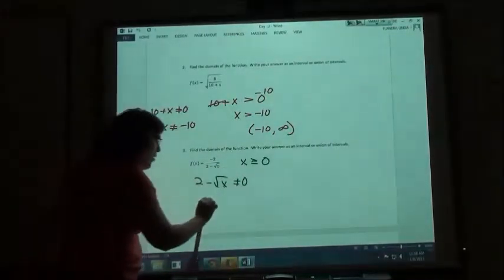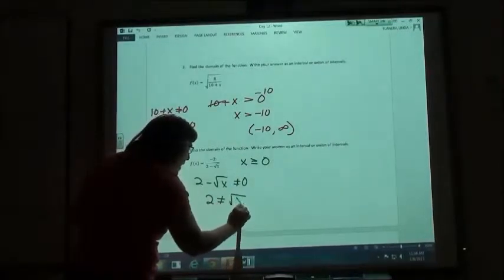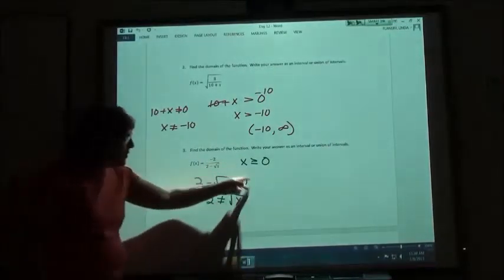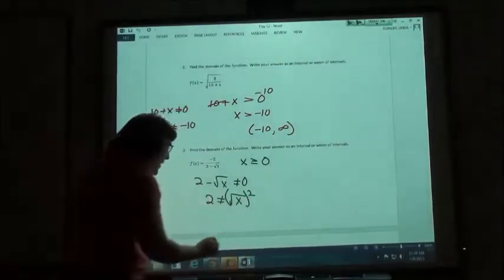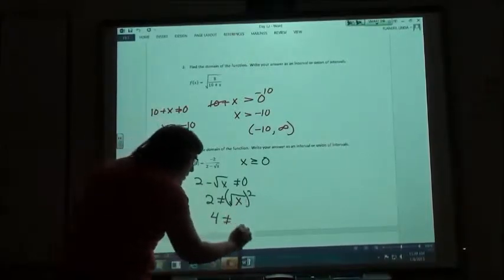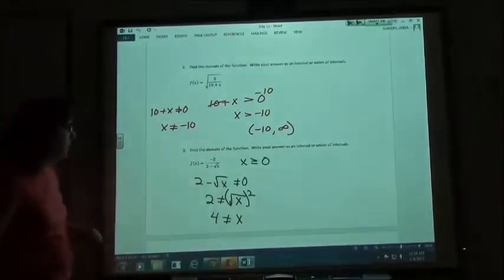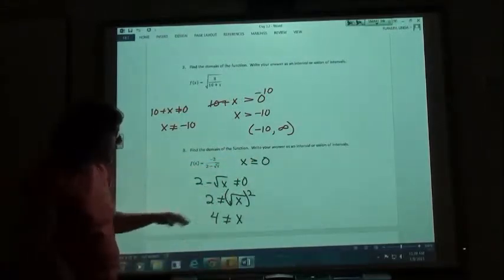So if I move that over, 2 cannot equal the square root of x. I'd have to square both sides. So 2 squared is 4. 4 cannot equal x.